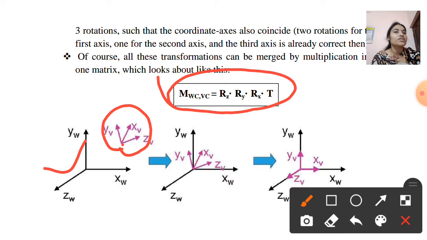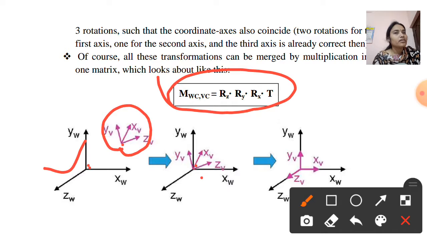This view reference point is translated to the origin point. This one is our origin point. Okay, in this way we translate to the origin point. After translating to the origin point, we rotate the x axis onto the xw line, that means xv is rotated onto the xw line.